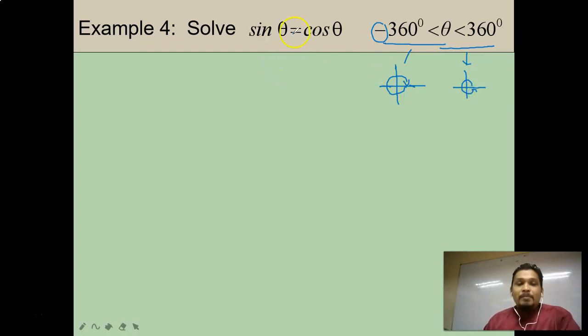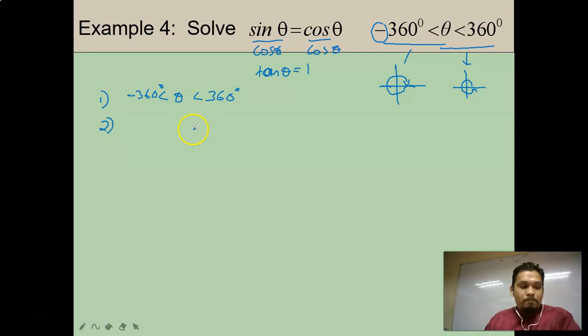So now for sine theta plus cos theta equal to 1, we simplify this by dividing by cos theta and cos theta. So sine over cos equal to tangent theta equal to 1. So the first step, clarify that theta is in between negative 360 degree and 360 degree.